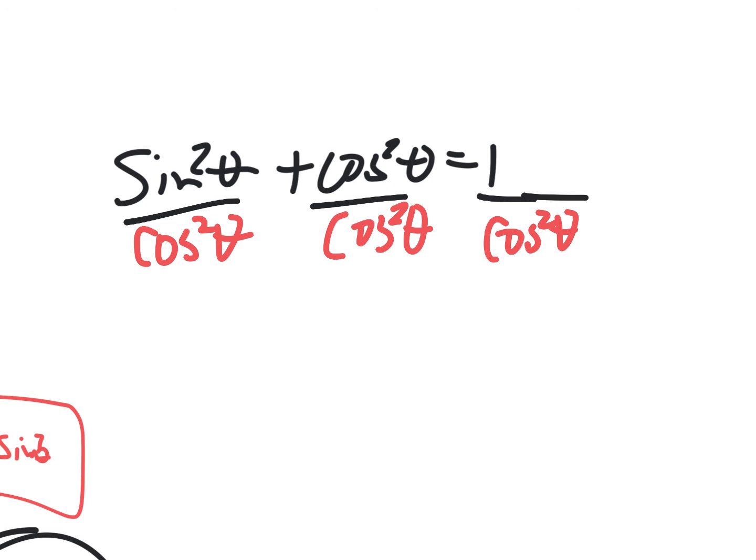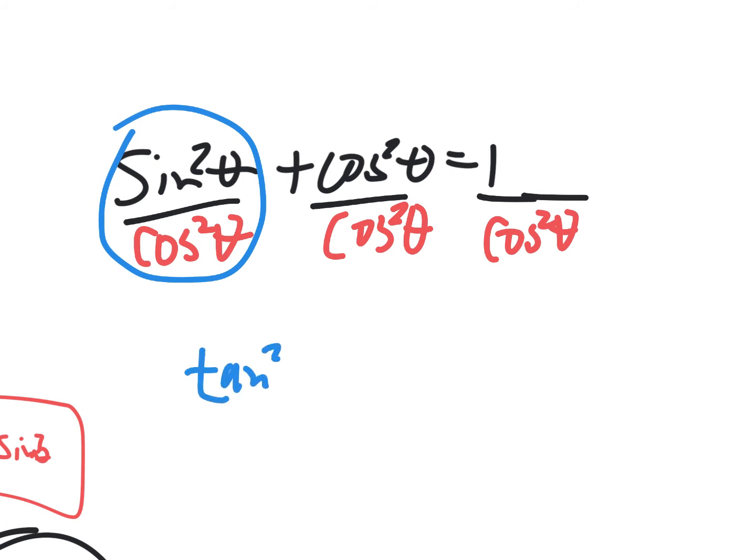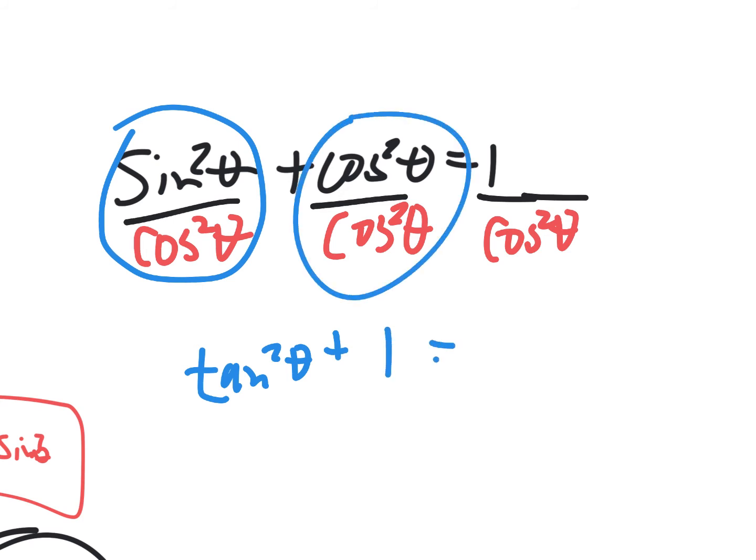And then this is another identity statement. The original one's in black. The one that results is, who knows what sine over cosine is? Say it if you know it. Tangent squared plus what's cosine over cosine? 1 equals what's 1 over cosine?